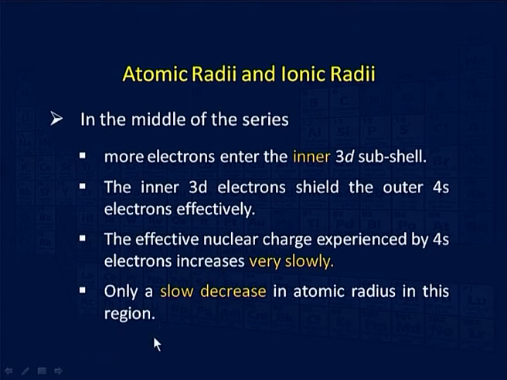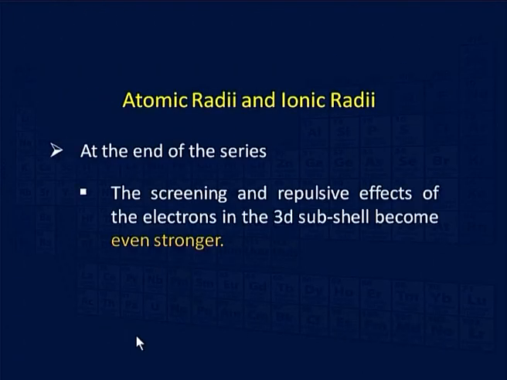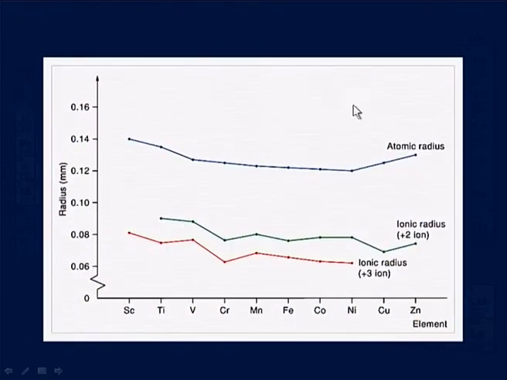Only a slow decrease in the atomic radius in this region is found, and at the end of the series, the screening and repulsive effect of the electrons in the 3D subshell becomes even stronger and therefore atomic size increases. So, you can see that there are three regions.